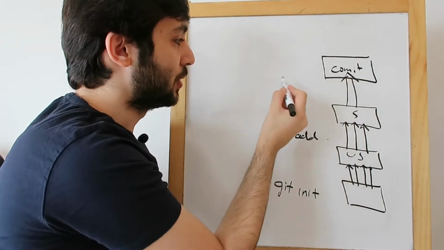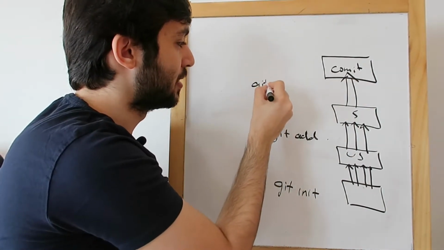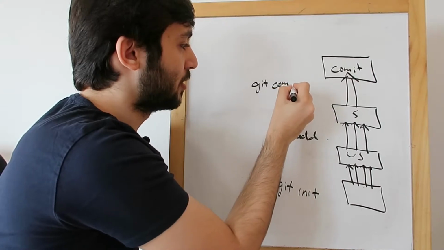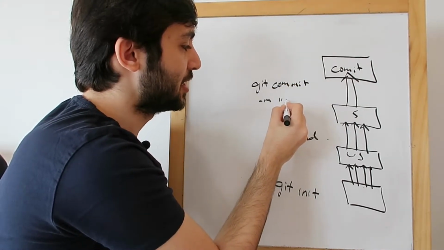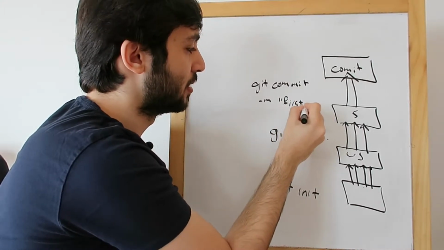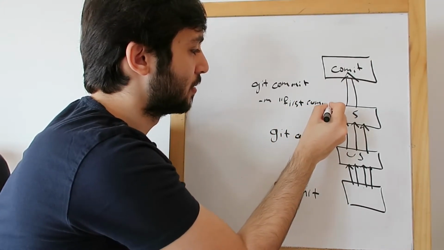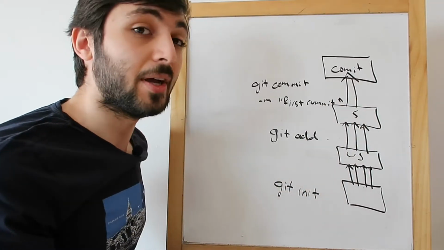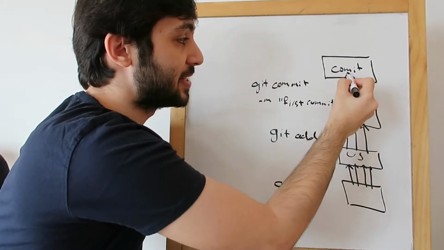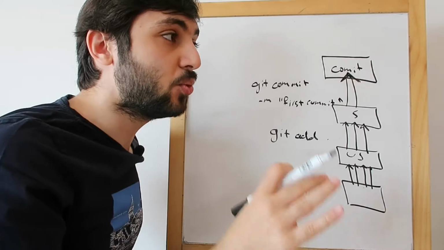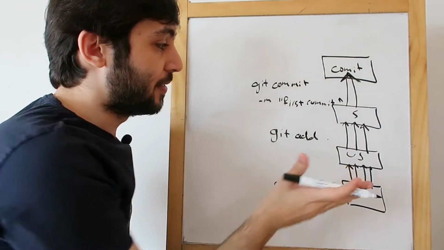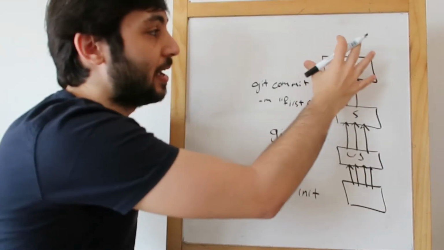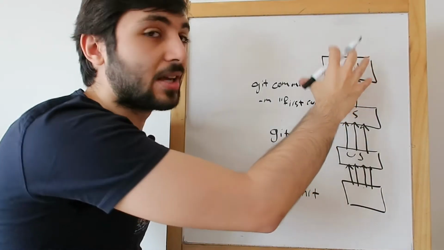You will type git commit, then -m, and then you will type the message, first commit. So these all will be in the same commit that you committed, and you will have it now on your machine. All of these are saved as a commit.